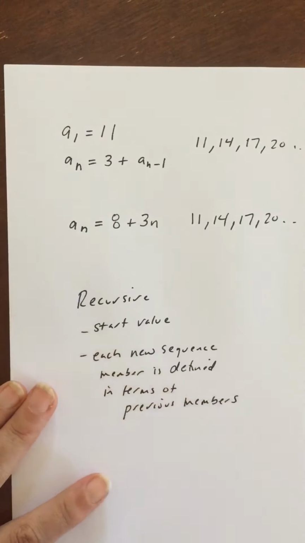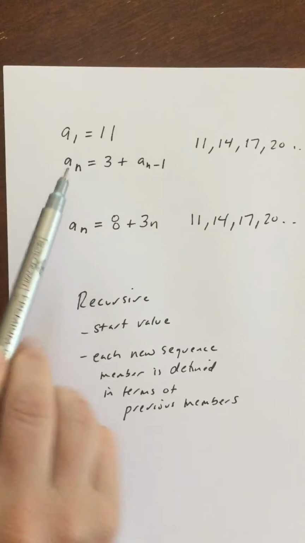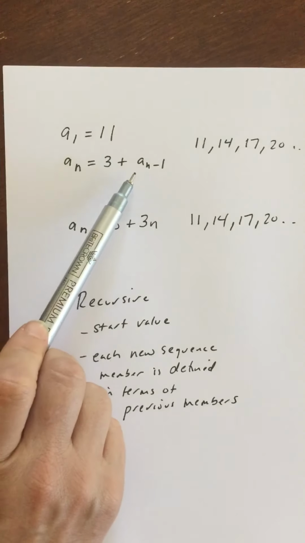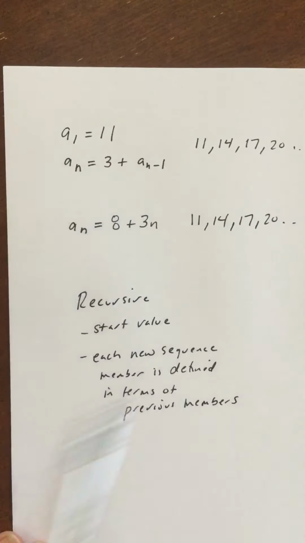Okay, all right, so in other words, usually the way it looks like is a sub n is equal to a function of a sub n minus 1, but you might see that it might be different. There might be a couple different ways of doing that.